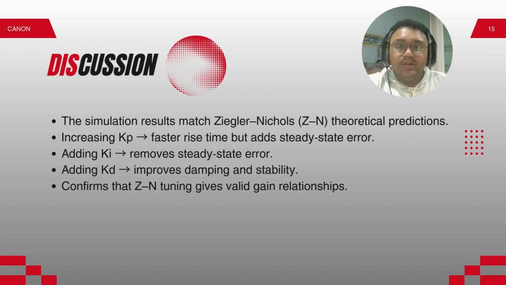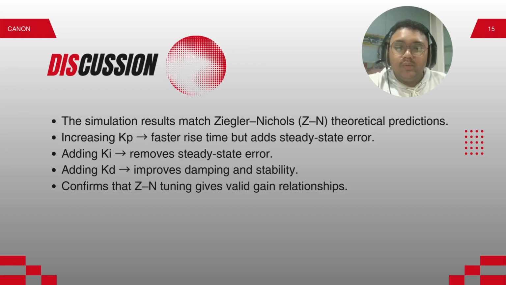Next, when we increase KP, the system becomes faster, showing a quite quick rise time. However, this also introduces a steady state error, which is one of the common effects of high proportional gain.